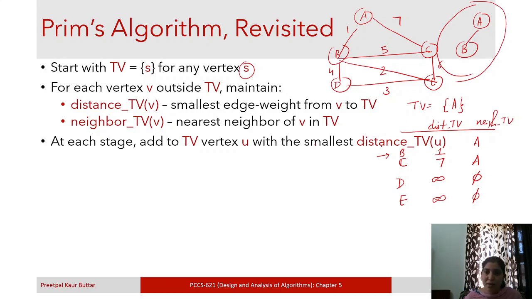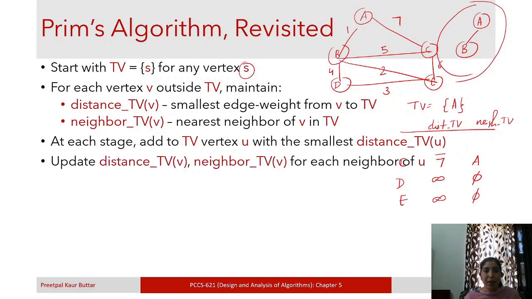So now this is looking like this. So we can remove B here because we have processed it. And the next thing which we have to do is update distance and neighbor of other vertices. Okay, so which are the neighbors of U? Here U means we are talking about B, because we have added B into TV.